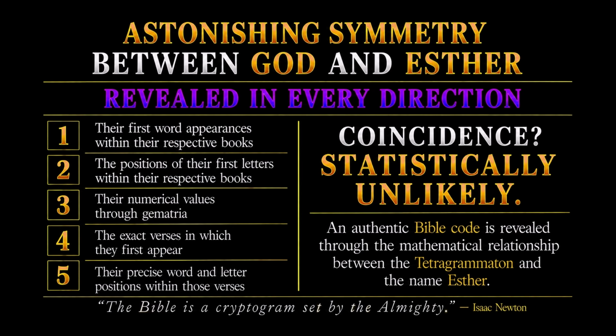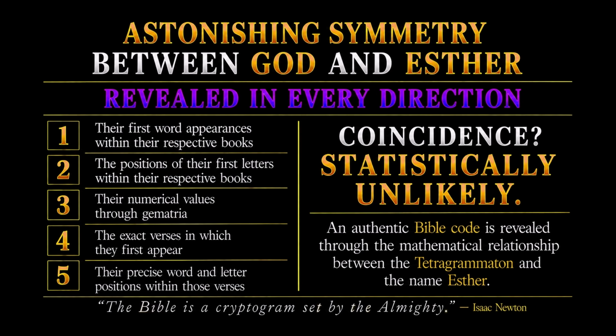The patterns presented in this study are so precise and consistent that they are extremely unlikely to be the result of coincidence. This evidence demonstrates that an authentic Bible code exists within the Bible, revealed through the relationship between the Tetragrammaton and the name Esther. Together, they provide one of the strongest foundations for demonstrating the existence of such a code.